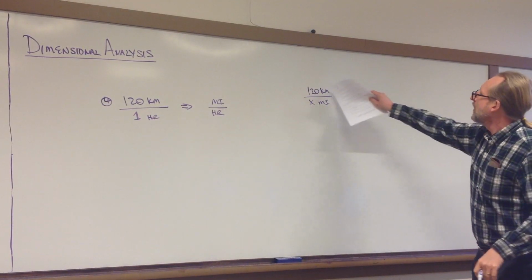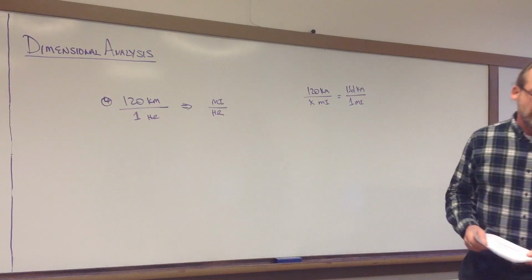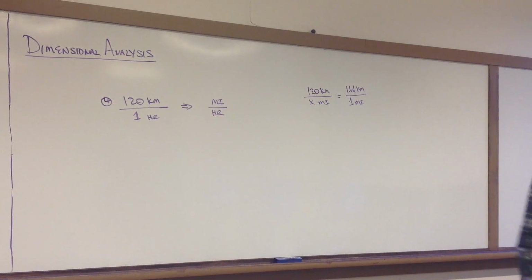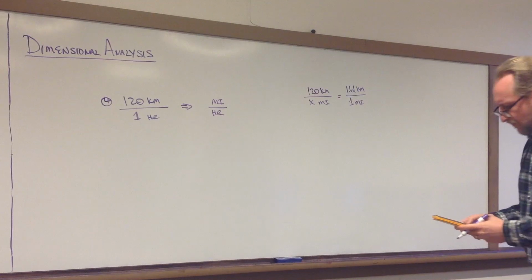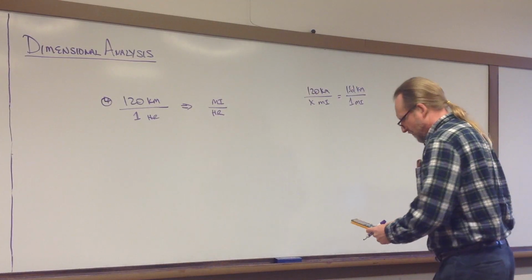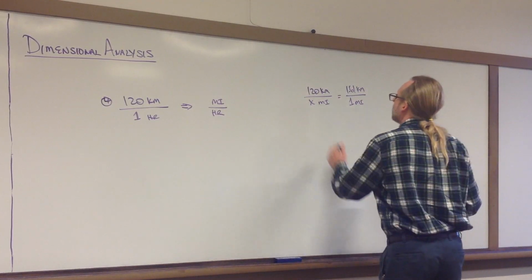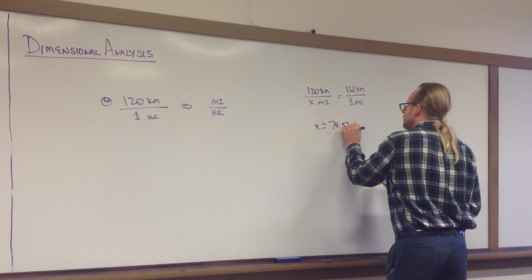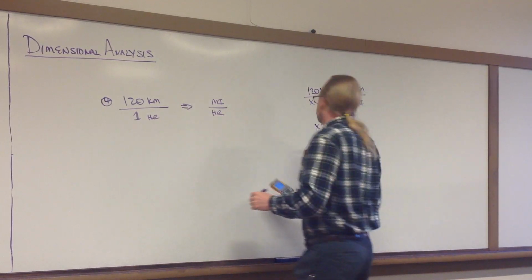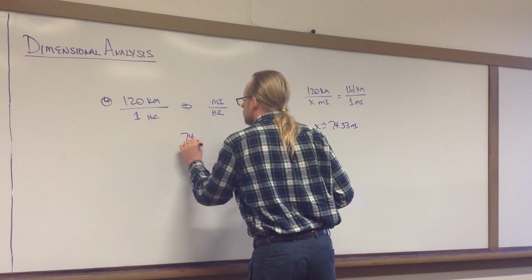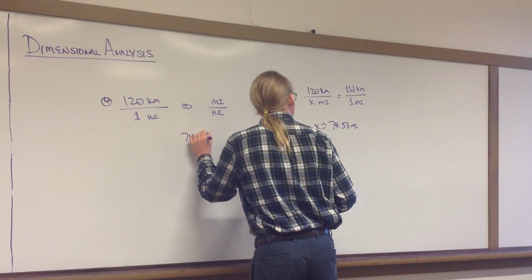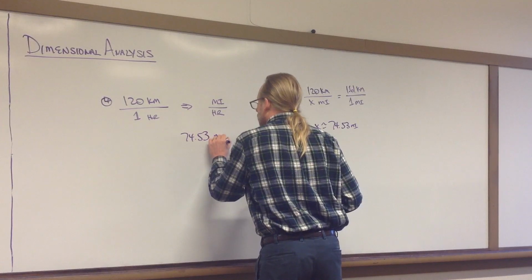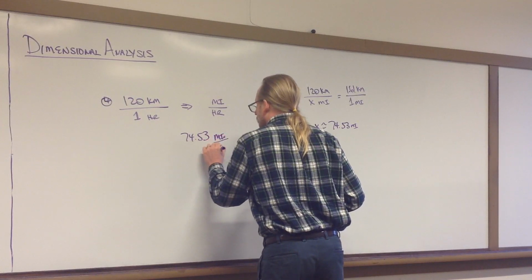And so we do 120 times 1 divided by 1.61. And what do we get? 120 divided by 1.61 is about 74.53 miles. And that's all we really needed to know. 74.53 miles per hour.